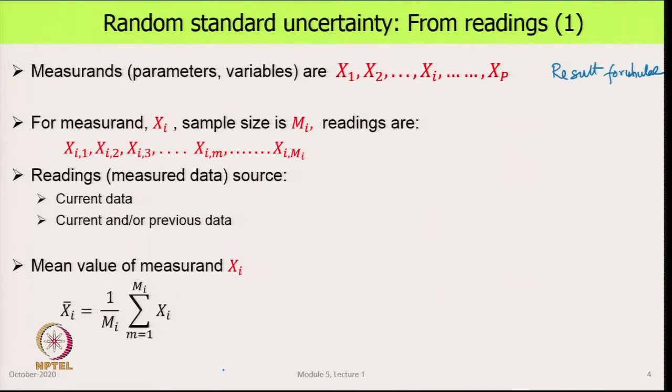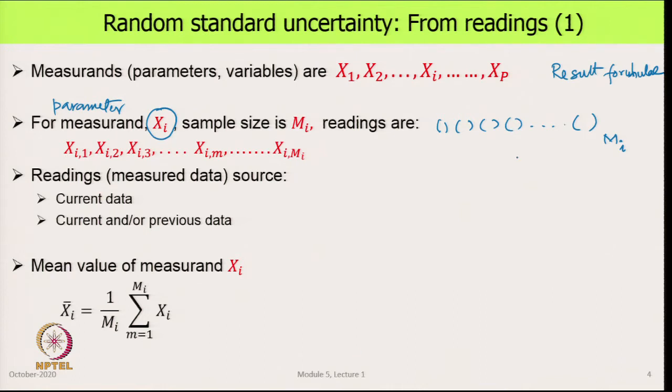Then we look at one measurand or one parameter or variable at a time, and we call that x i, and we say that we made so many measurements of this particular parameter. This could be pressure, temperature, flow rate, pH, humidity, whatever, and the set of all those observations forms a sample in the context of statistics, and these are m i in number.